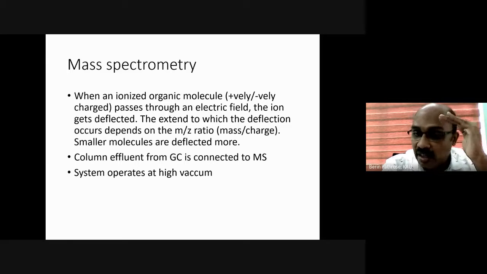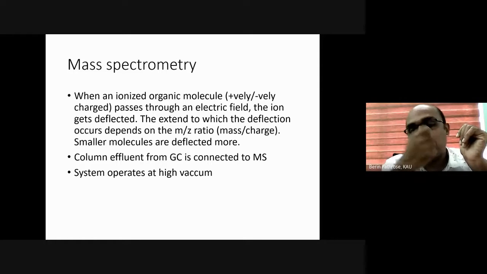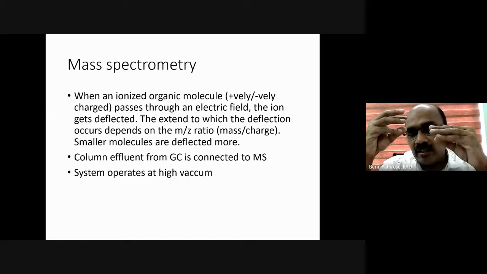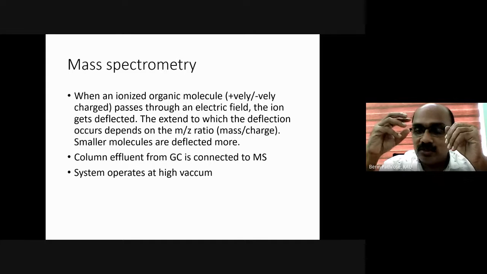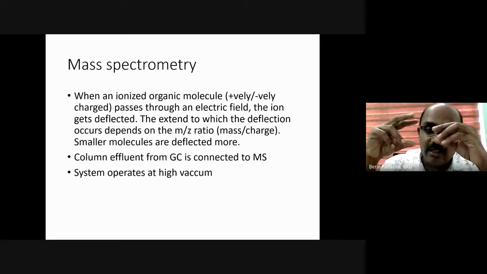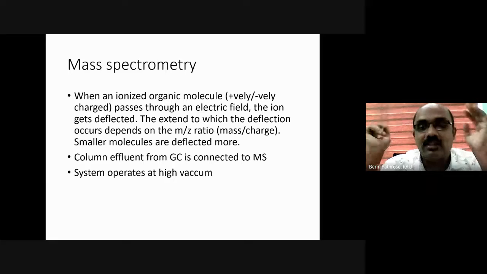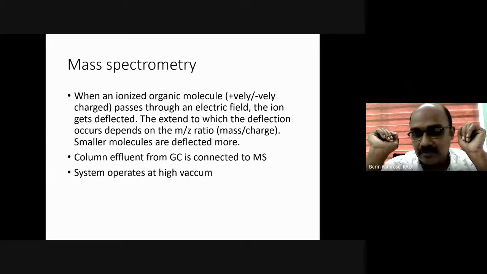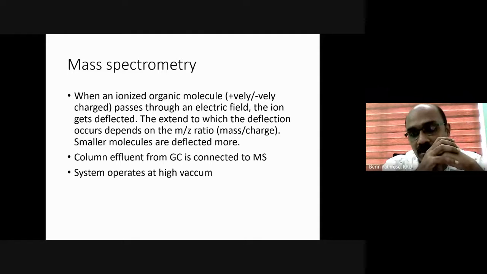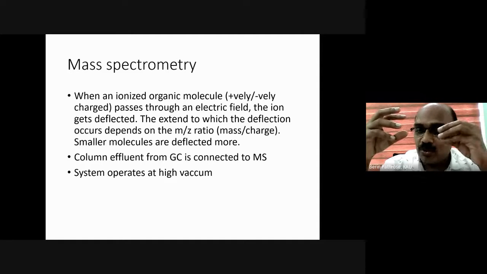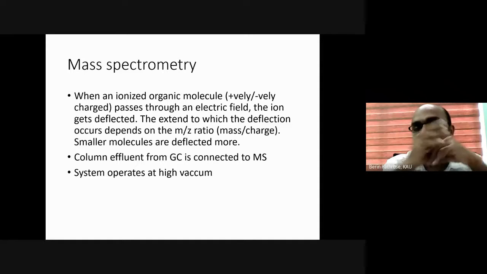One compound has a higher molecular weight and the other has a lower molecular weight. We are applying a constant voltage and passing the compounds through a positively charged environment. So what will happen? The compounds are negatively charged, moving through the positively charged environment.